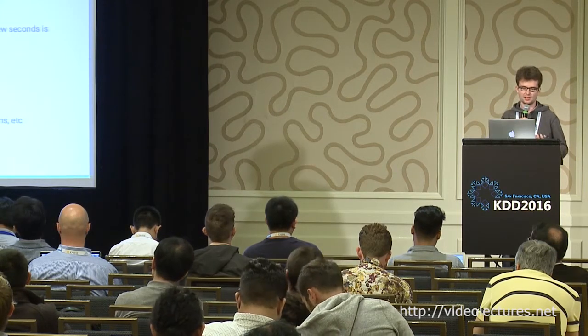The second kind of challenge is that in this problem that I showed before, we have some state that we have to keep up to date, and these are the predictions. This is a pretty large state if we're dealing with a lot of examples. For every training example we have one float.